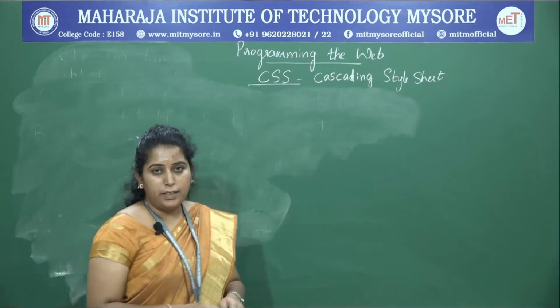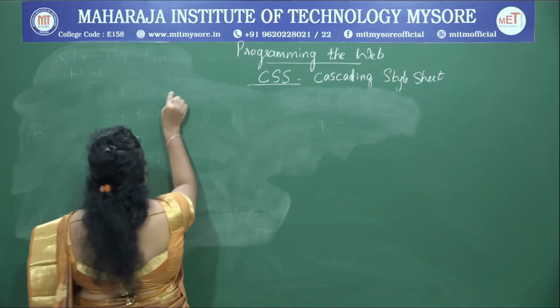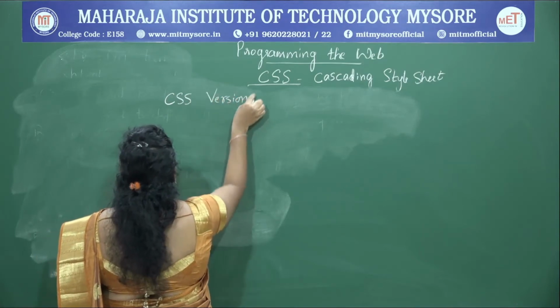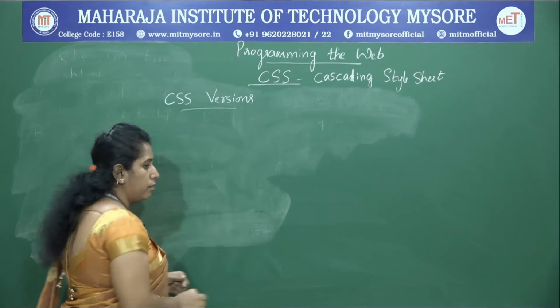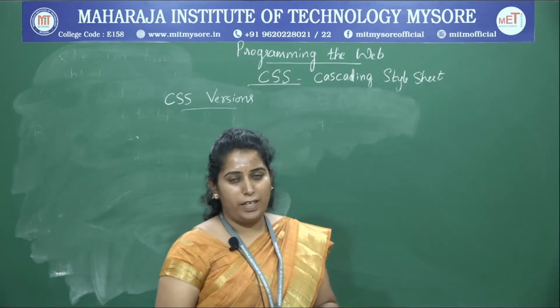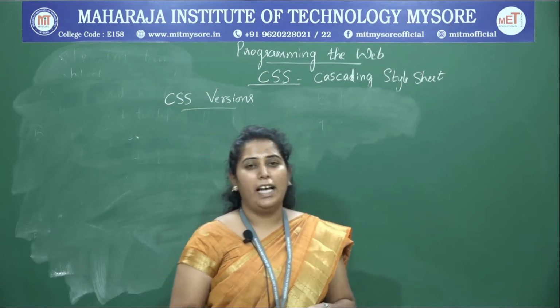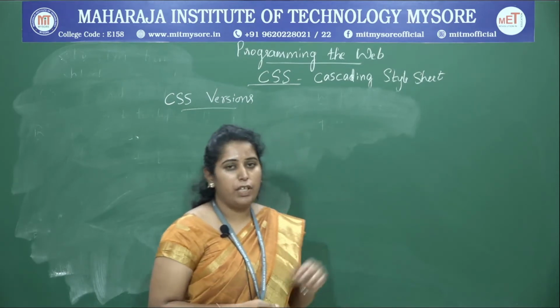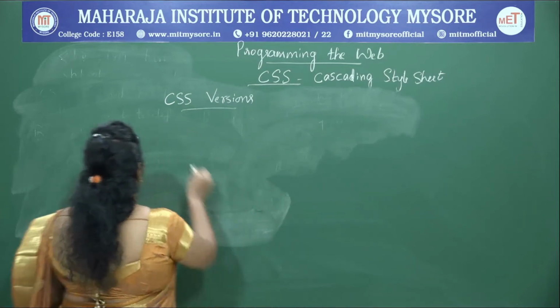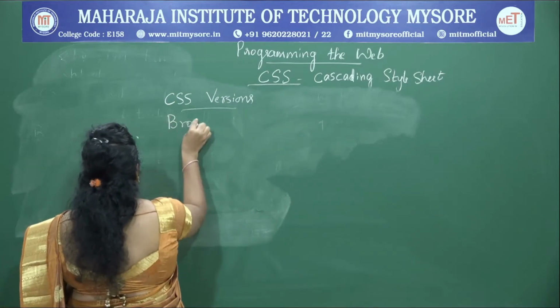So next topic is CSS versions. There are different versions of CSS available, CSS 2 and CSS 3. Currently we are making use of CSS 3. Next one is browser adoption.